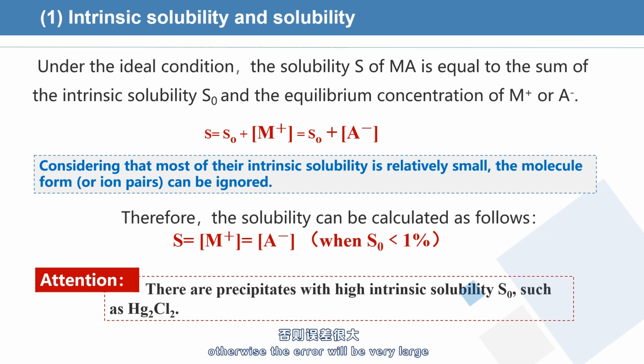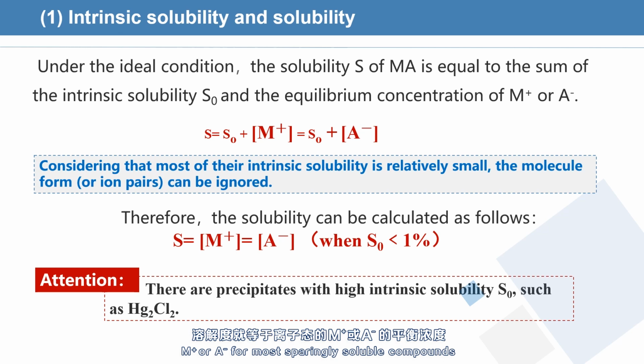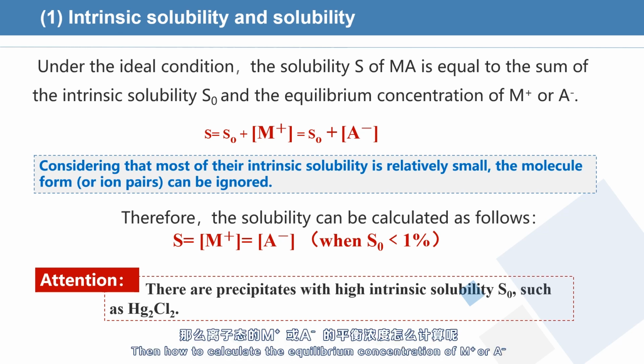Otherwise, the error will be very large. Under ideal conditions, the solubility S is equal to the equilibrium concentration of M or A for most sparingly soluble compounds. Then, how to calculate the equilibrium concentration of M or A?